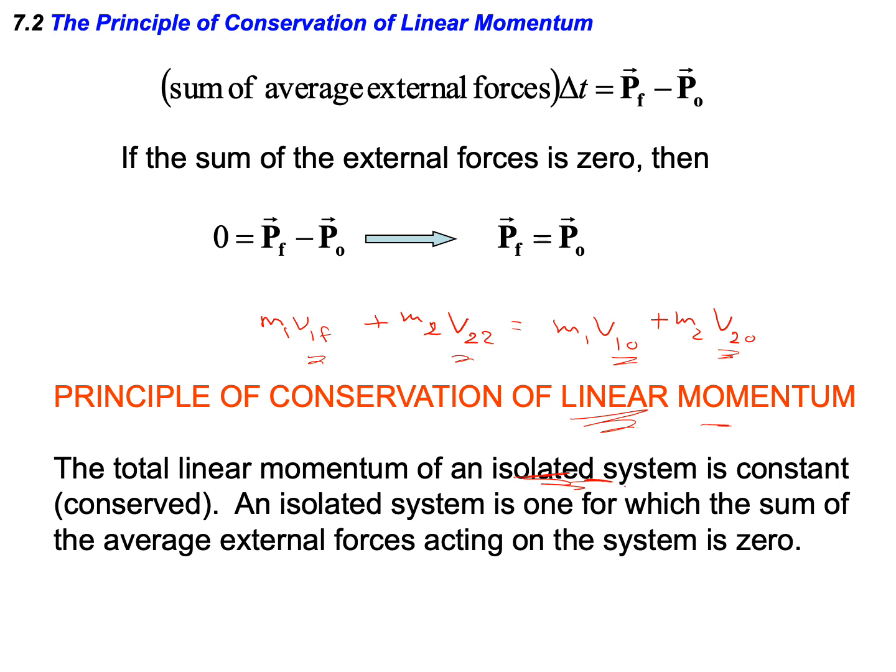An isolated system is one in which the sum of average external forces acting on the system is 0. Remember, when we derive this equation, we assume there are no external forces. So let's do a couple of examples using this conservation of momentum so that you can understand how this equation works.